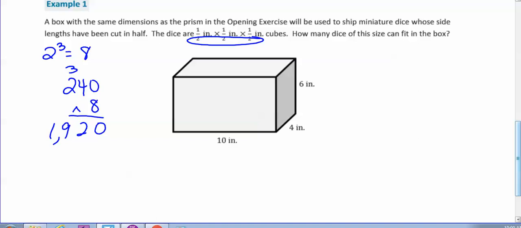So if we had 1/2 inch cubes, instead of 10 to go across here, how many would it take to go across? 20. Very good. How many would it take to go this way? And how many would it take to go up? 12. On your calculators, go ahead and multiply 20 times 8 times 12.